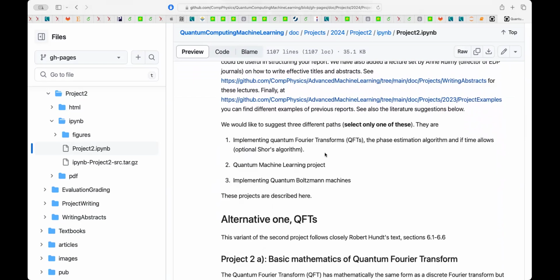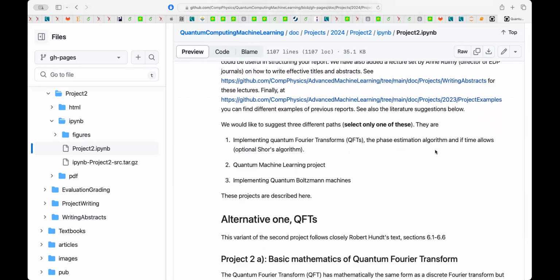We have one on implementing quantum Fourier transforms, and then the phase estimation algorithm. And what we thought is that you could use that one to extract eigenvalues of some of the simpler Hamiltonians which we had in project 1, like the 2x2 matrix. Or you can replace that with other types of problems which you may be more interested in.